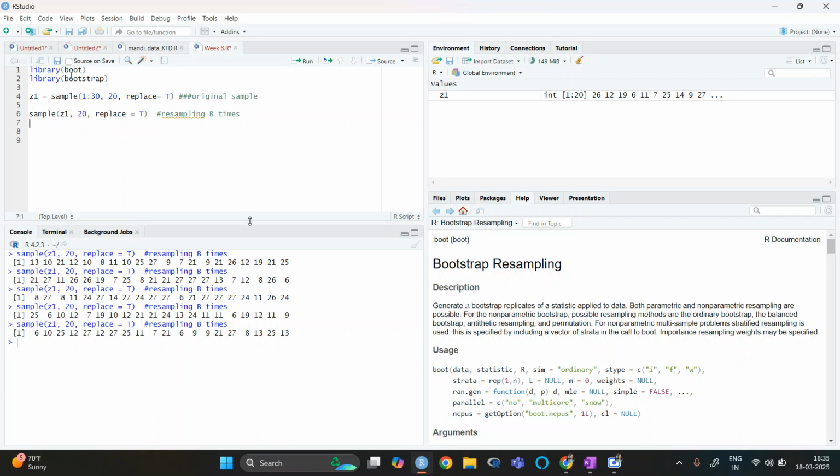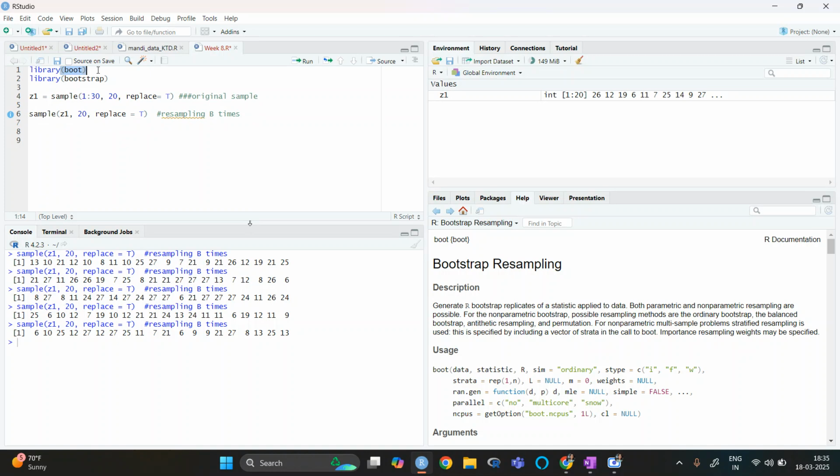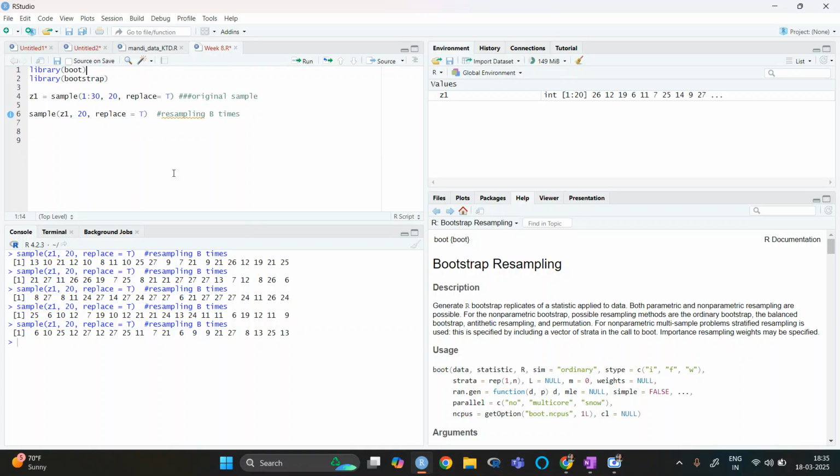So firstly we only need to install the package boot and then load library boot. Okay, this is the library you need to take. After that we will see here.